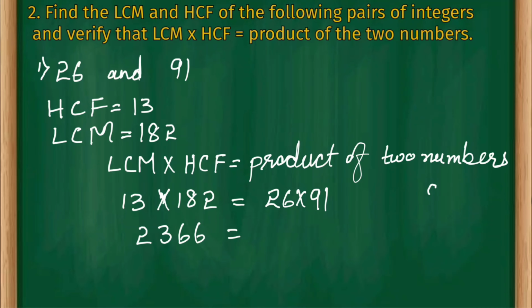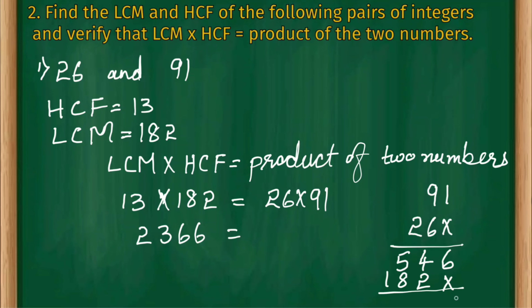Now in the right hand side also we should get the same answer. Let us multiply the two numbers 91 into 26. So first multiply with 6. 6 1s are 6 and 6 9s are 54. Next, in the next step, we will multiply 2 with the two numbers. 2 1s are 2, 2 9s are 18.